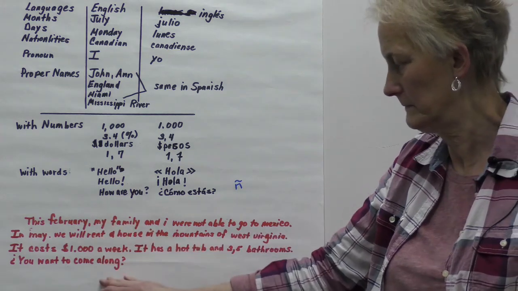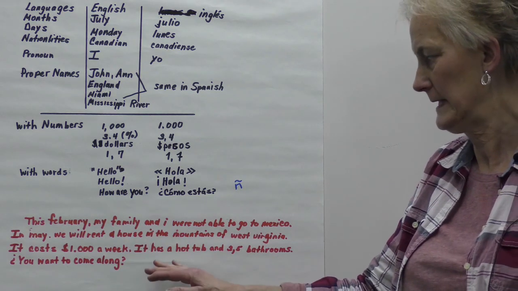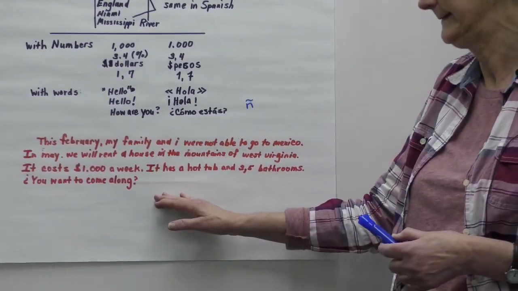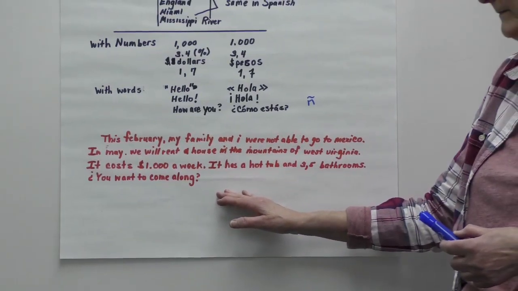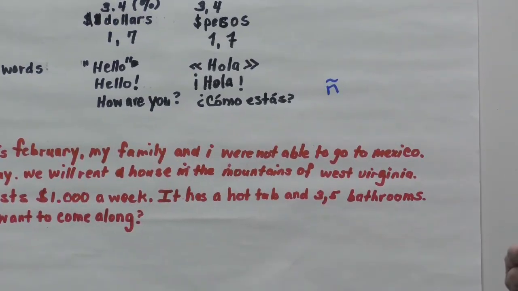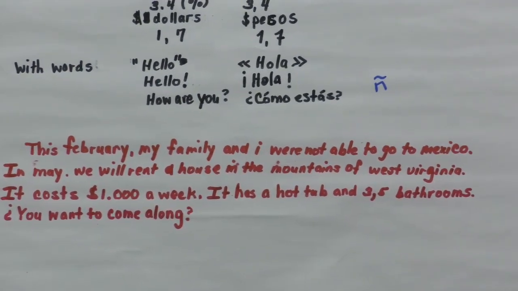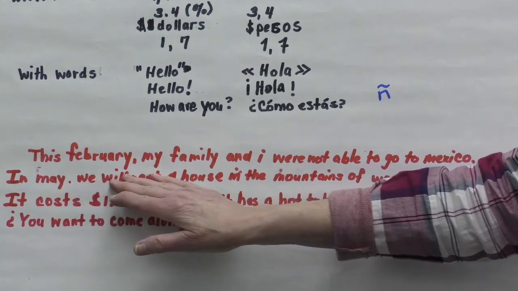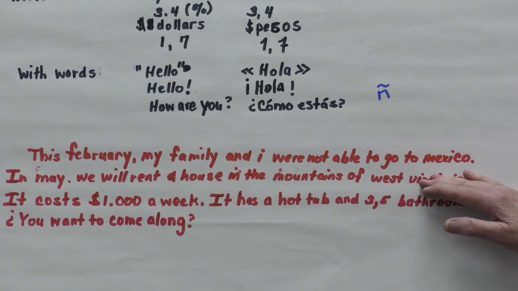So here's a little paragraph that I wrote. It's wrong for English. I think it's wrong for English, but we're going to look and see what changes would be made if you were writing this in English. For example, this February, my family and I were not able to go to Mexico.